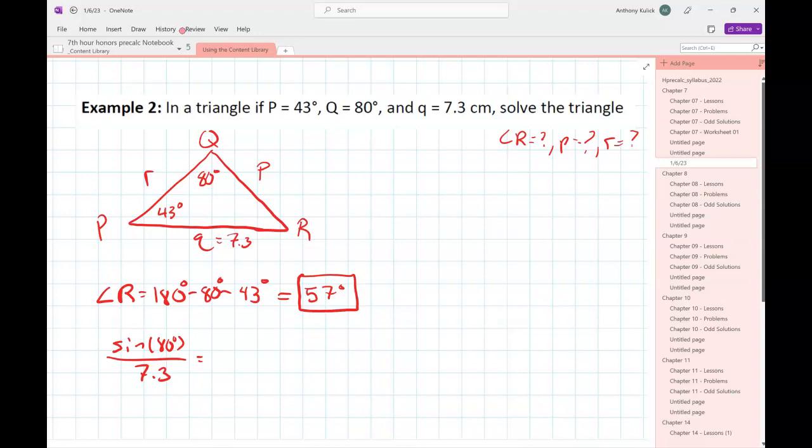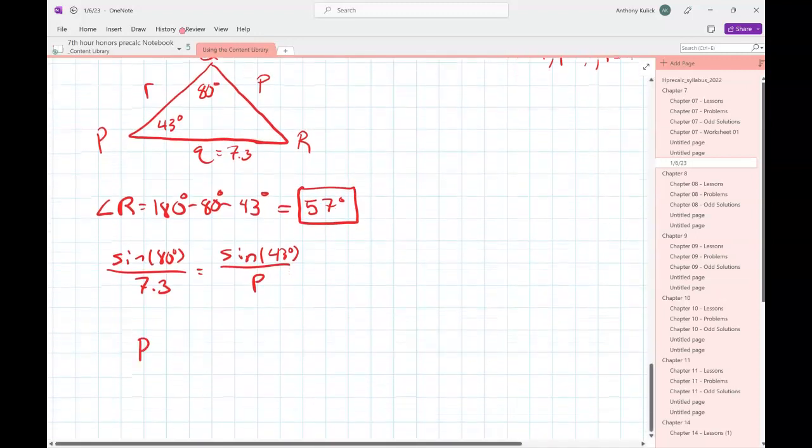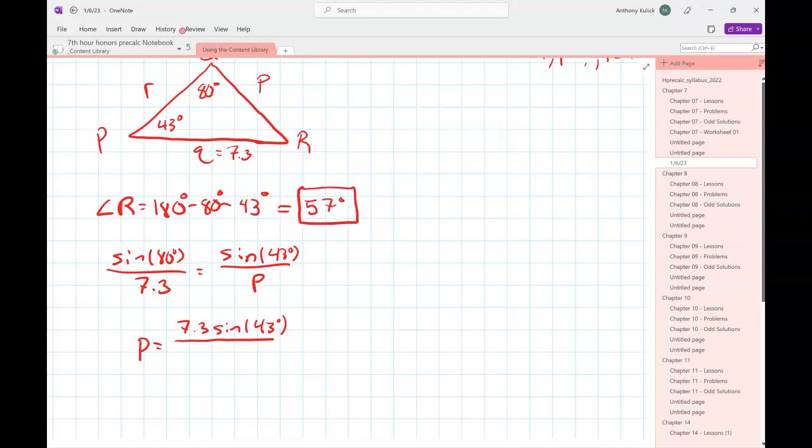So I'll write sine Q over Q equals sine P over P. I'll cross multiply and divide. And then it's just calculator time.